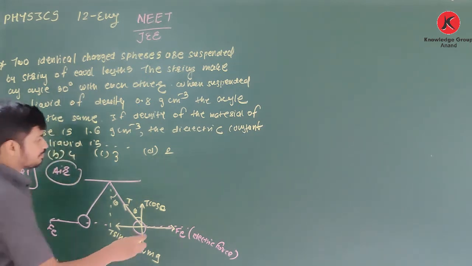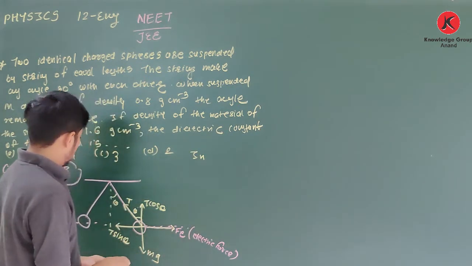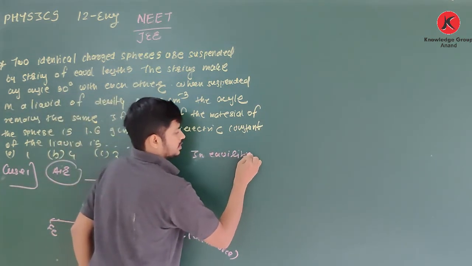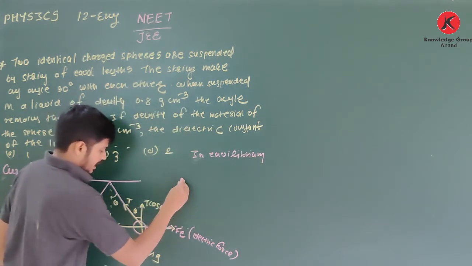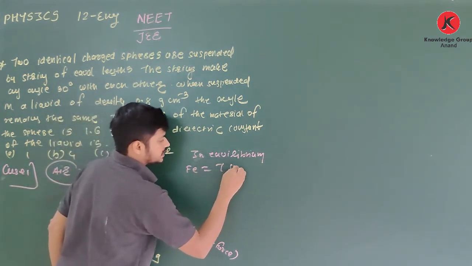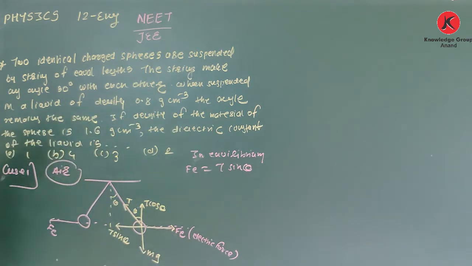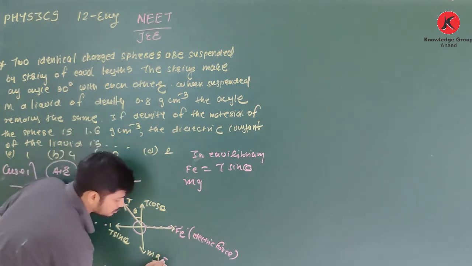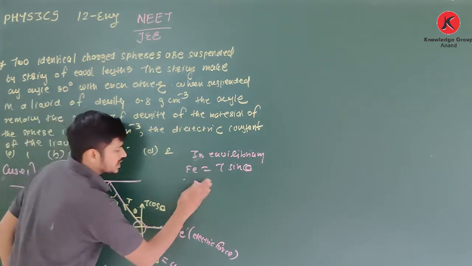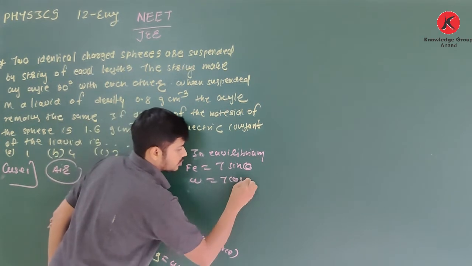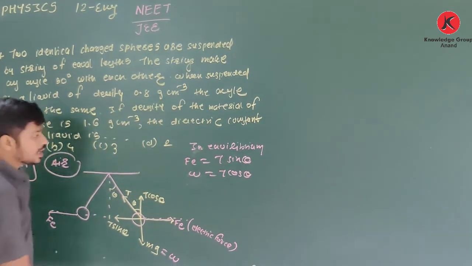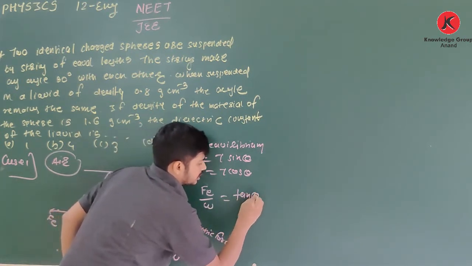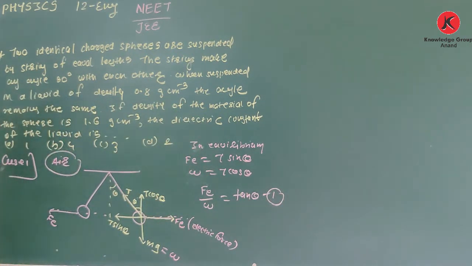For equilibrium, Fe is equal to T sin theta, and mg, which is W, is equal to T cos theta. Any doubt? If you take the ratio, Fe upon W is equal to tan theta. Equation number 1.